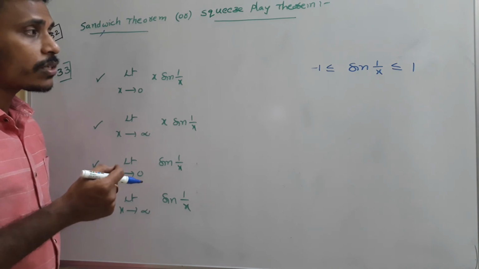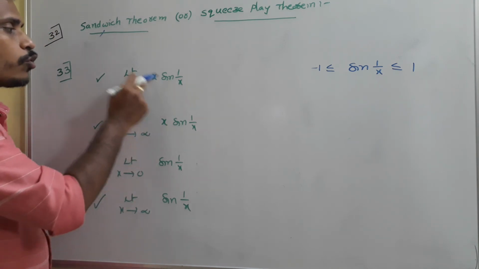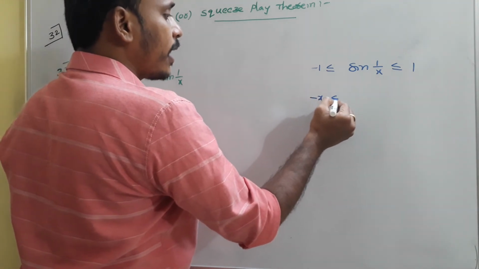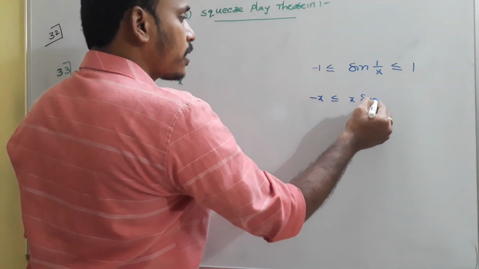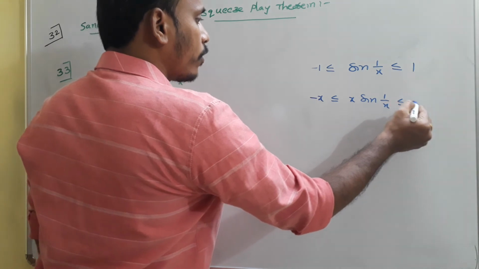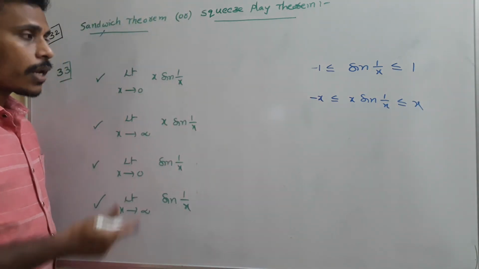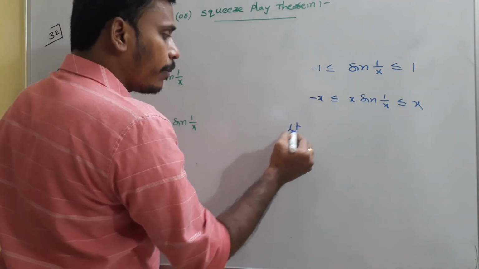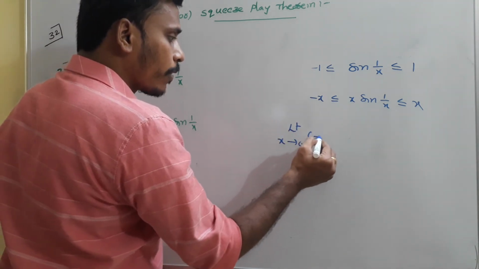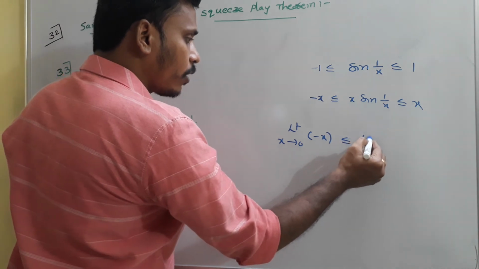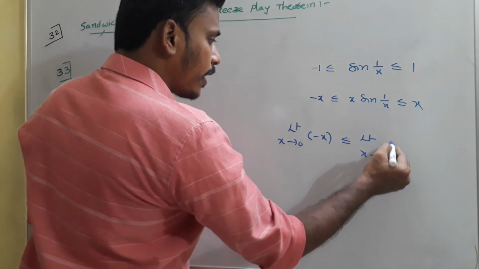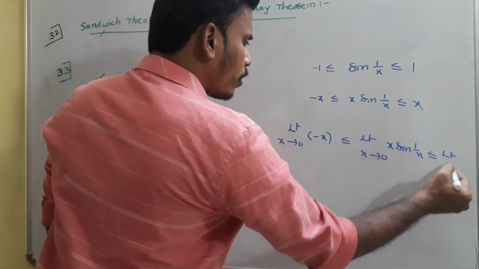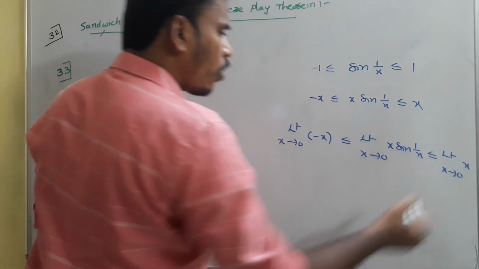Since sin 1 by x is in between minus 1 and 1, you just multiply with x now. When you multiply with x, minus x is less than or equal to x sin 1 by x, which is less than or equal to x. Now just apply limit x tends to 0. Okay, now what will happen? Limit x tends to 0 of minus x is less than or equal to limit x tends to 0 of x sin 1 by x, which is less than or equal to limit x tends to 0 of x.